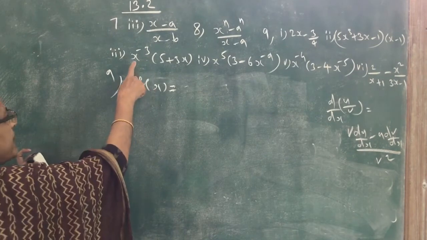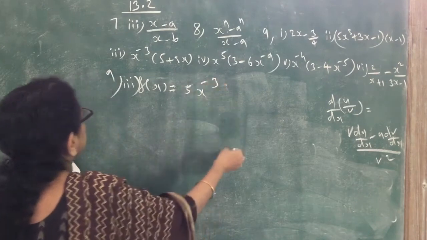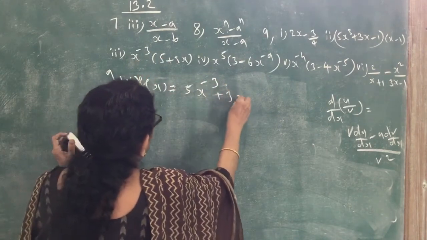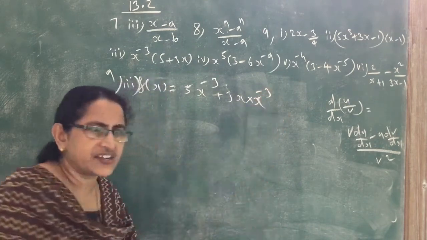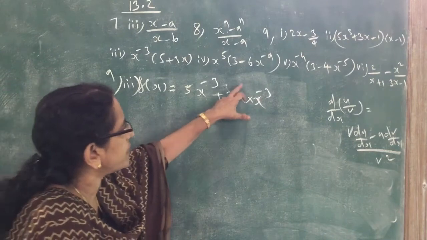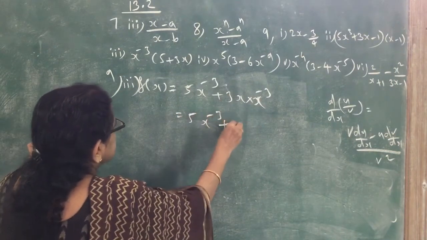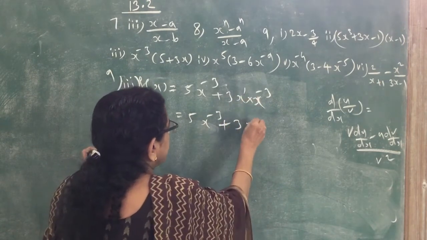When you multiply x raised to minus 3 into 5, that is 5x raised to minus 3. Then 3x into x raised to minus 3 plus 3 into x raised to minus 3. We can apply a raised to m into a raised to n equals a raised to m plus n. So we can write 5x raised to negative 3 plus 3 into x raised to 1 into x raised to minus 3, x raised to minus 2.